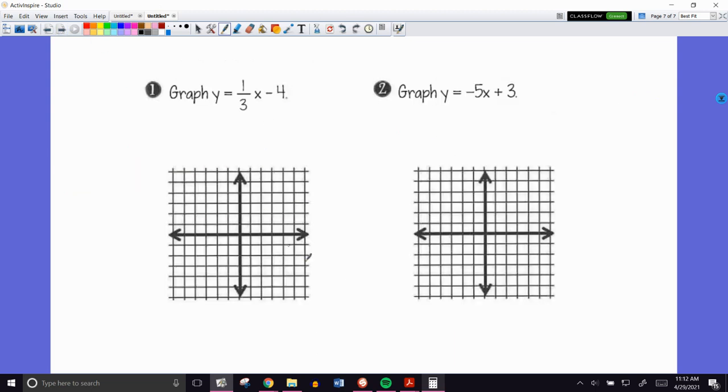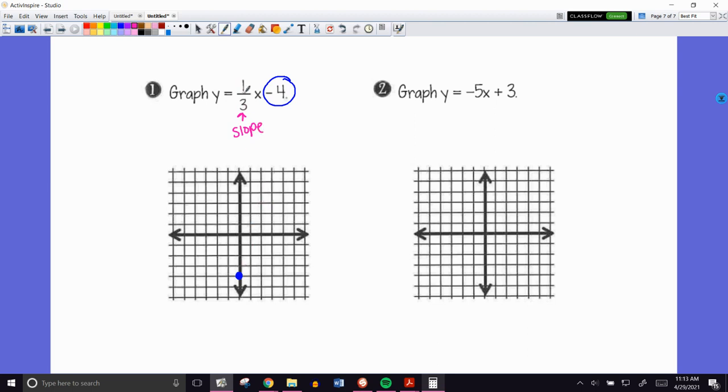So for my next examples, we are going to use our 3 steps to see if we can graph. So if we remember, step 1 is to plot our y-intercept. So this -4 is going to be my y-intercept. So 0, -1, -2, -3, -4. And then step 2 is to use my slope and create another point.